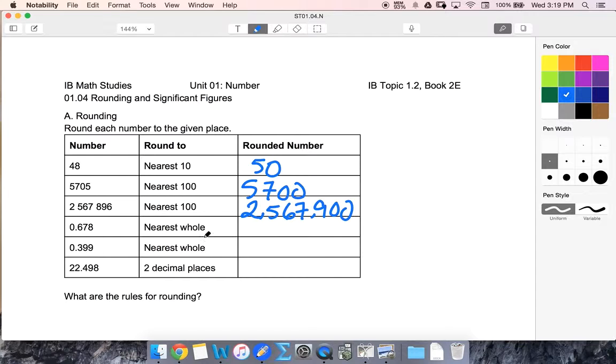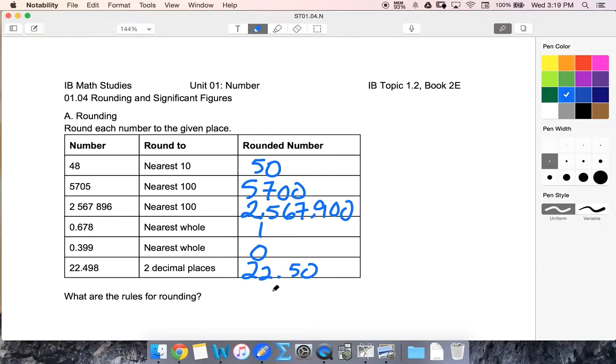To the nearest whole number, that is 1. The nearest whole number to 0.399 is 0. To 2 decimal places, my 8 causes this to round up to 2.50.